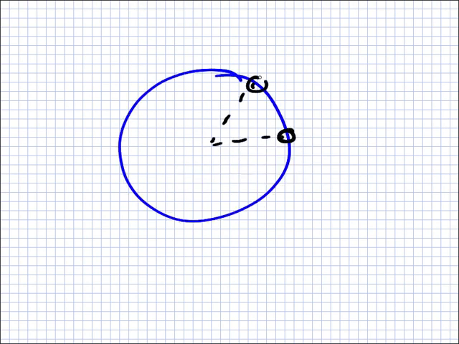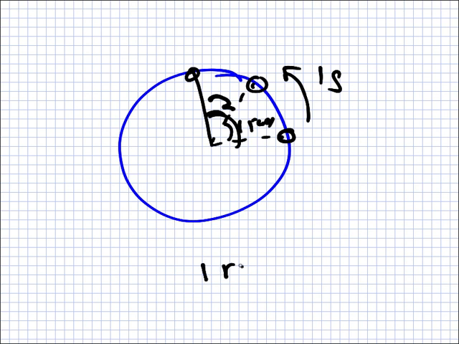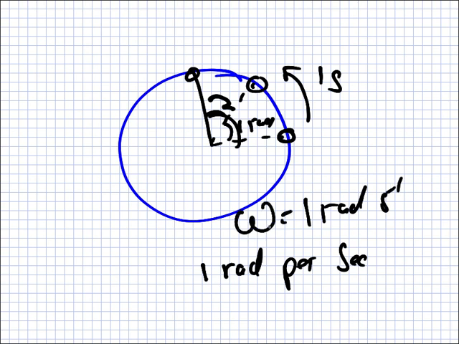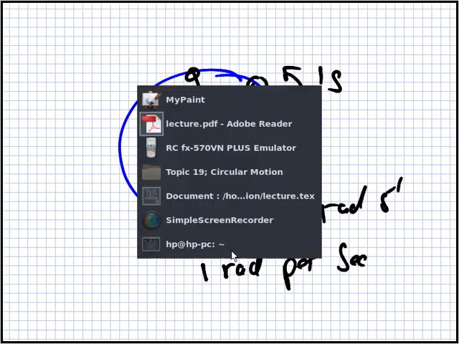It takes 1 second to move 1 radian, and another second later it's moved 2 radians. How quickly does the angle change? It's changing at a rate of 1 radian per second, or 1 rad per second. We call this omega, the angular velocity, how quickly the angle changes.